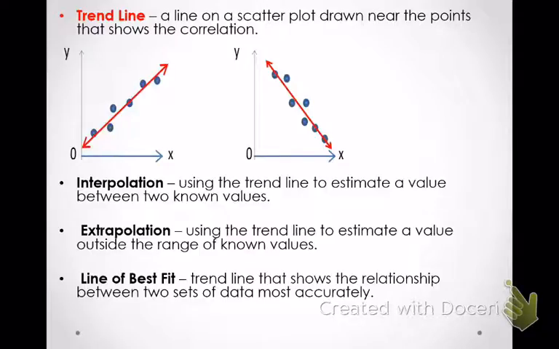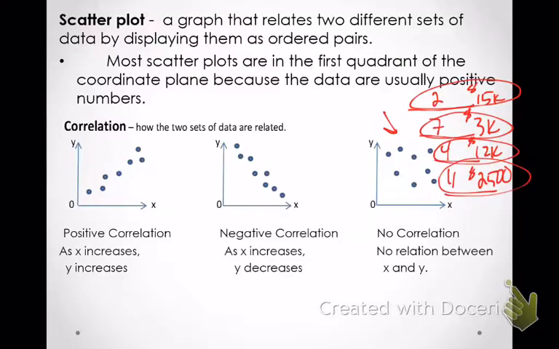Now, why are you not going to be able to capture every point? Why are these points not lined up in a row? Well, because in the case of the cars, not every 7-year-old Altima is going to cost exactly $3,000, right? As we use our common sense, we understand that there are other factors that go into the price of the car.